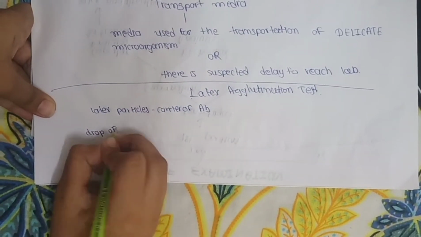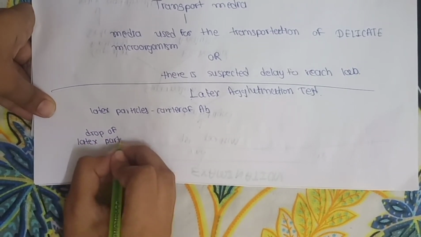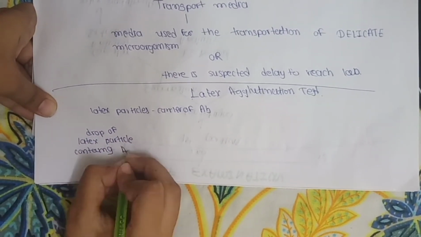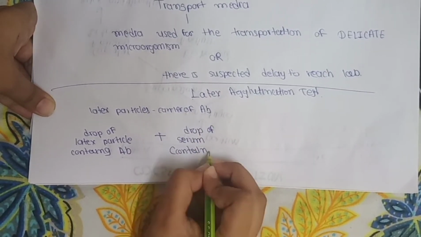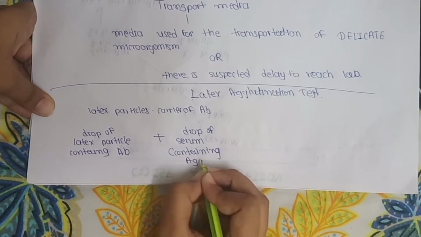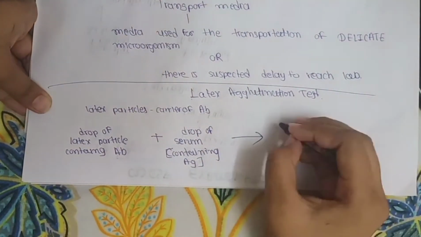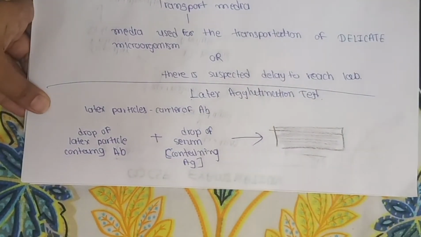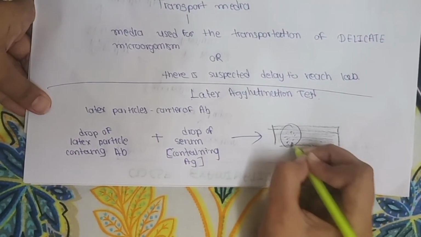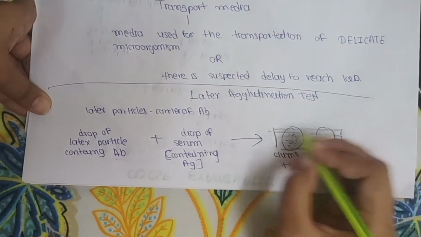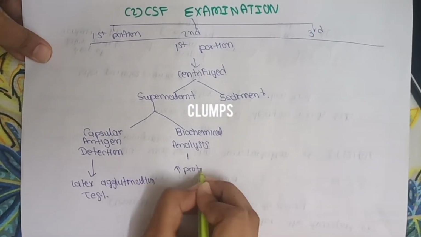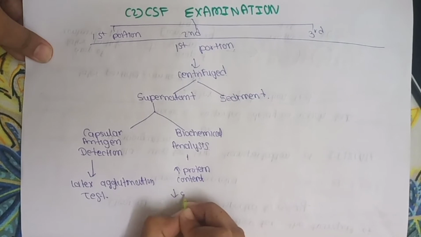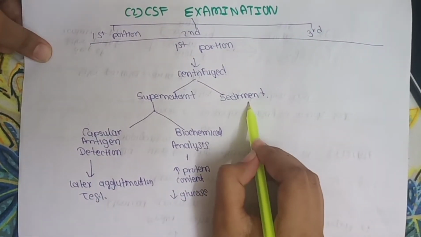So a drop of latex particles with the antibody is added to a drop of patient serum which contains antigen, and this test is mainly done on a black card paper. After mixing these 2 drops, if there is clumping formation, then it is positive, because they produce an antigen-antibody reaction and form clots. Now in the biochemical analysis, there will be increased protein content and decreased glucose.